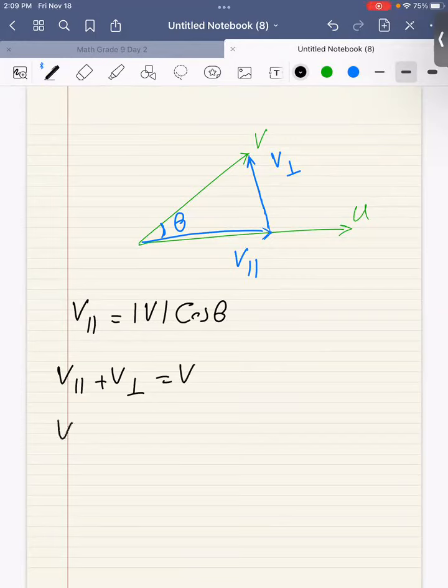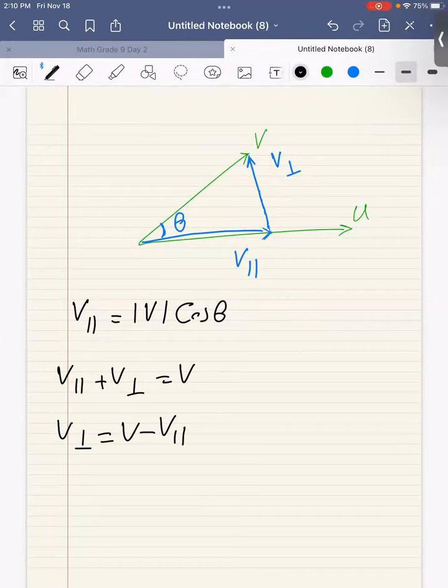So v perpendicular is basically v minus v parallel. You just subtract it from the total v, and you get the perpendicular part. You see? There's a trick.